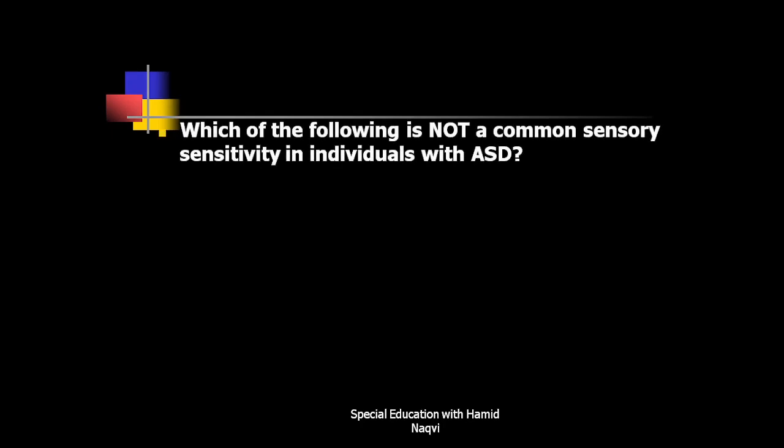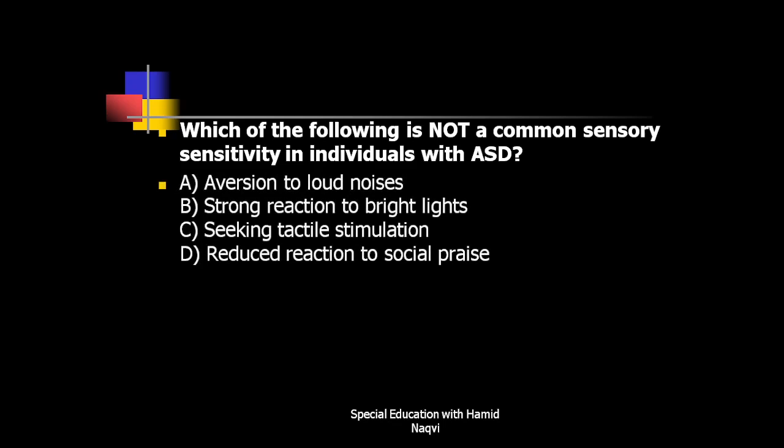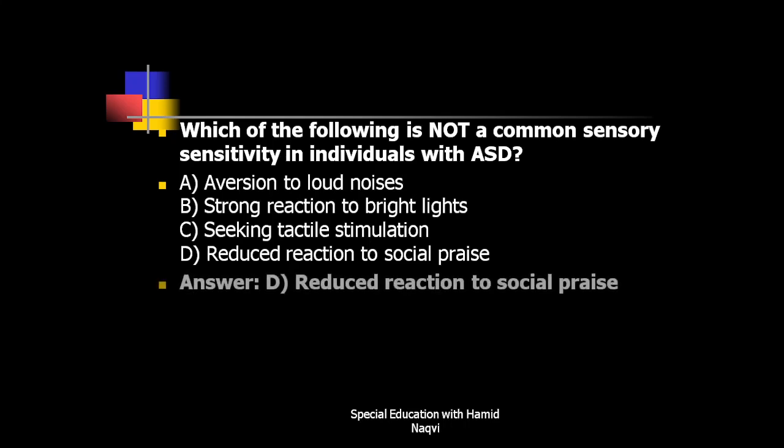Next is which of the following is not a common sensory sensitivity in individuals with autism spectrum disorder? Aversion to loud noises, strong reaction to bright lights, seeking tactile stimulation, or reduced reaction to social praise.